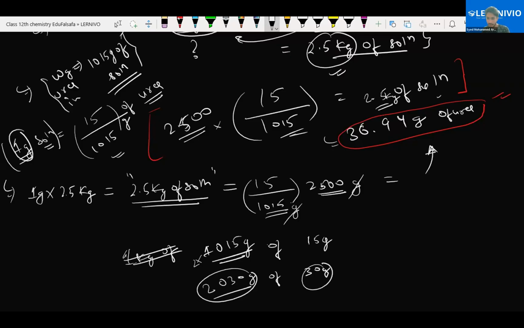So it is also validating your answer that it is a valid answer. Why? If I multiply this by 2, I get 30 grams, and by increasing further, I end up getting this value. It's very logical.